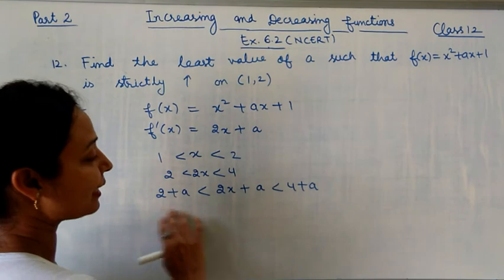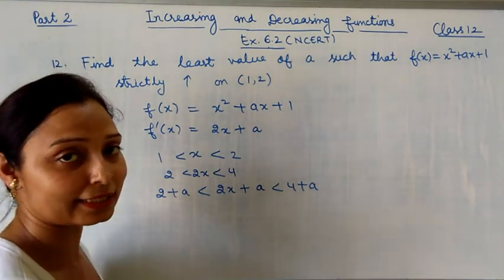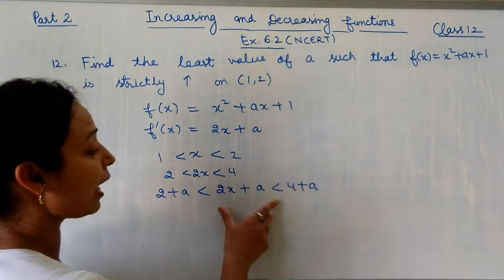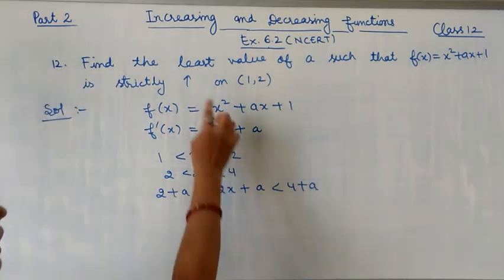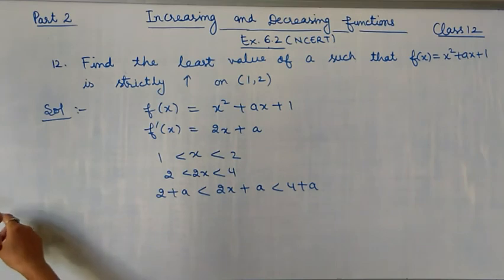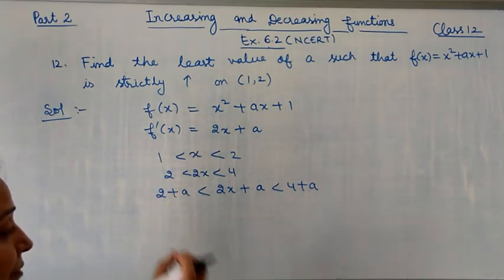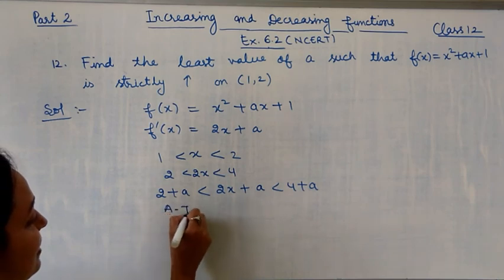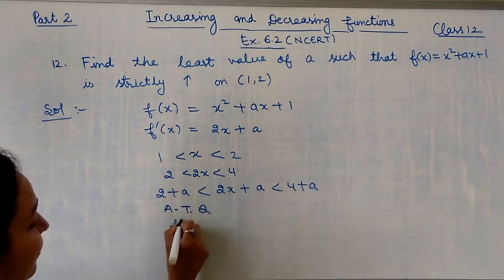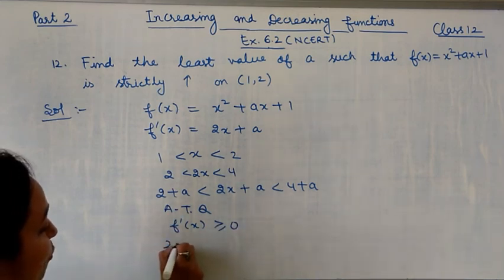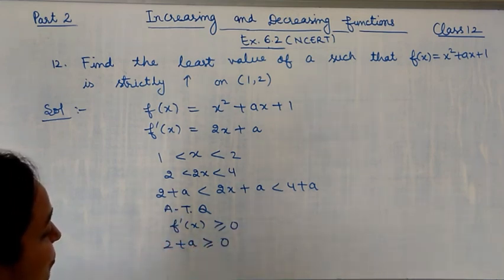Like this, adding a. These are all the conditions which we have done in class 11th in linear inequalities. The question says that it is strictly increasing in 1 and 2. It is an increasing function in 1 and 2. Take the least value. So according to the question, it is increasing, f dash x is taken as increasing, so I will take 2 plus a greater than or equal to 0.